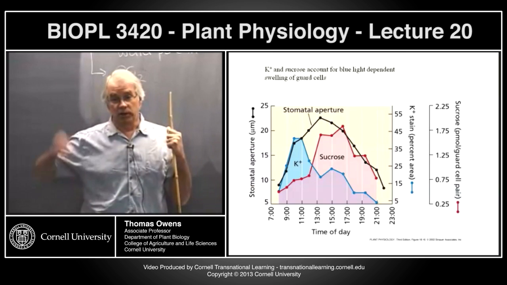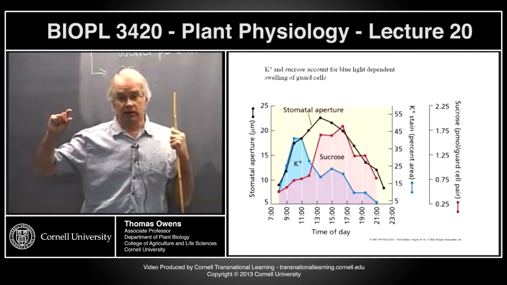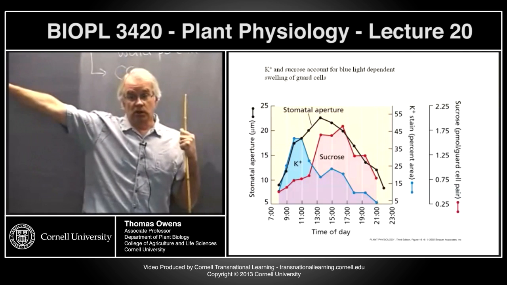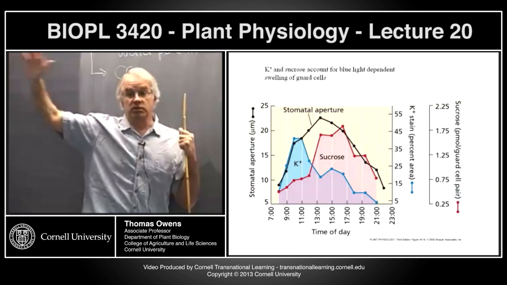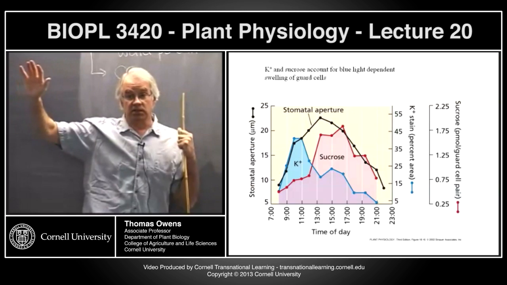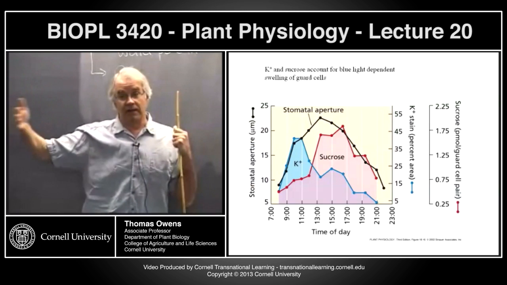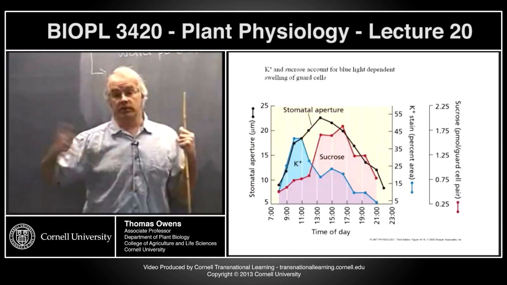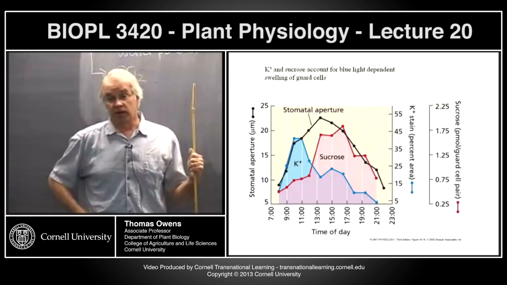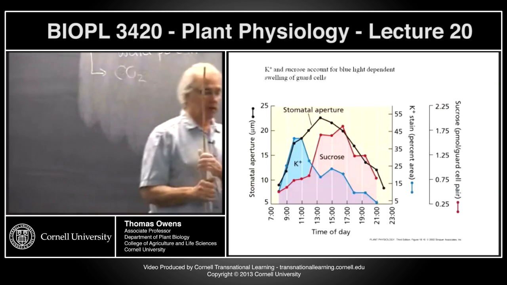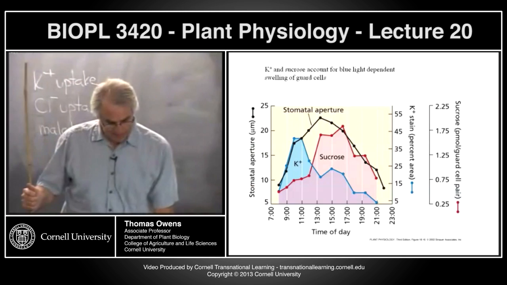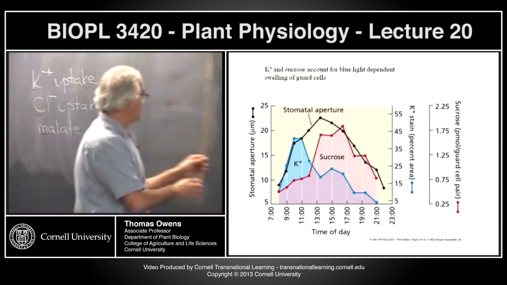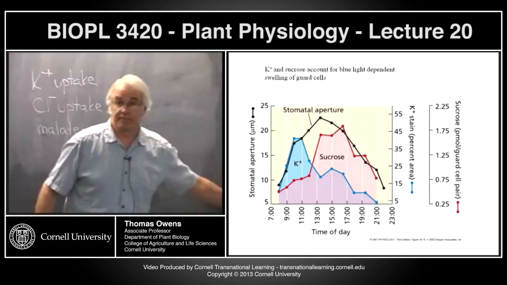So when you're asked to use photosynthesis in the guard cells to interpret what's going on, keep in mind that the carbon partitioning within the guard cells is completely different than in a mesophyll cell. Okay, questions on this before we go on?